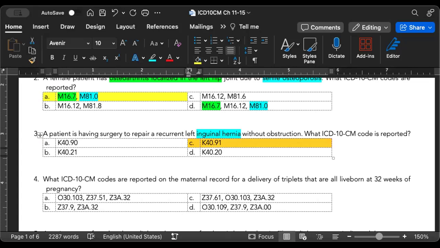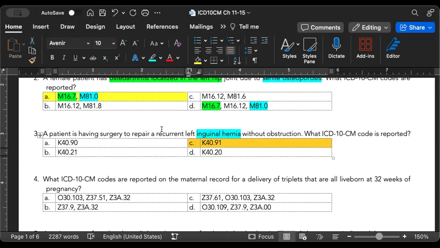And then once we go verify that code in the tabular, K40.91, our code description, I'm flipping to it now, is unilateral inguinal hernia without obstruction or gangrene recurrent.